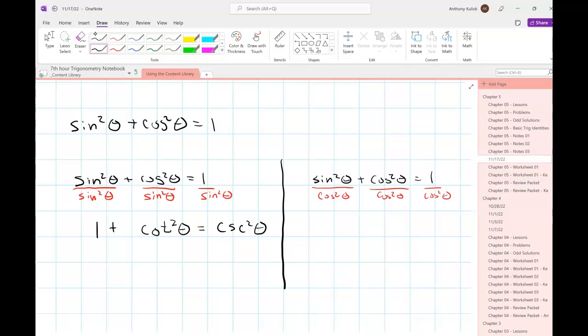See if you can figure that out on your own for a moment. Anybody got it? Sine squared theta divided by cosine squared theta.